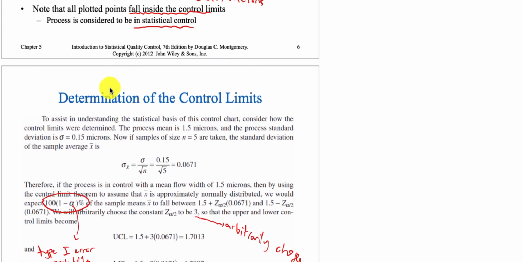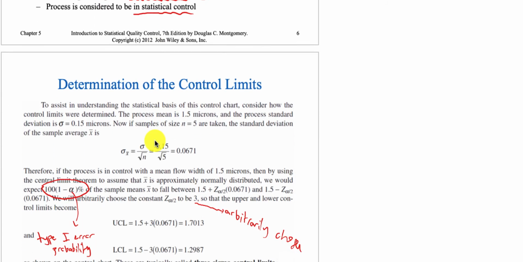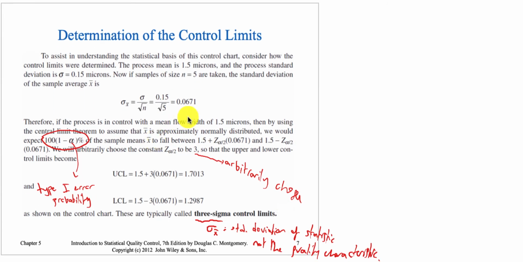So how can we determine the control limits then? We have the mean and standard deviation. We can use this method. We can calculate them like that. So we know the population standard deviation is 0.15 microns, but we need to take the sample standard deviation because we are taking samples from the population, right?